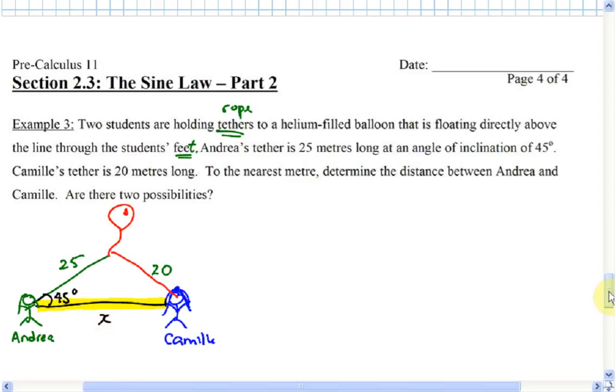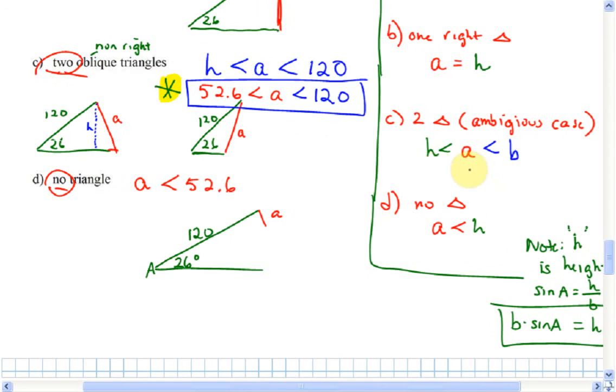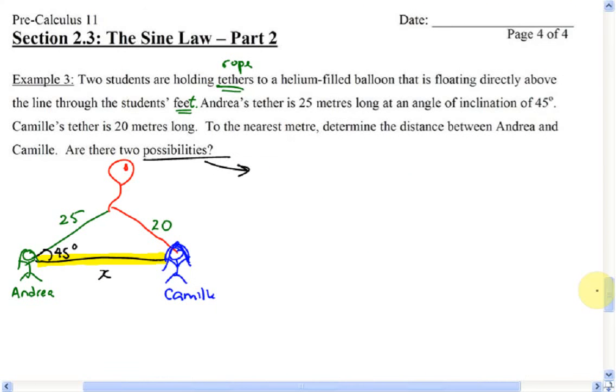Remember from the previous question, in order to have two possibilities, the A value has to be less than the H, which is also less than the B. So I'd like you to calculate the height, and then compare it to the A value and the B value.